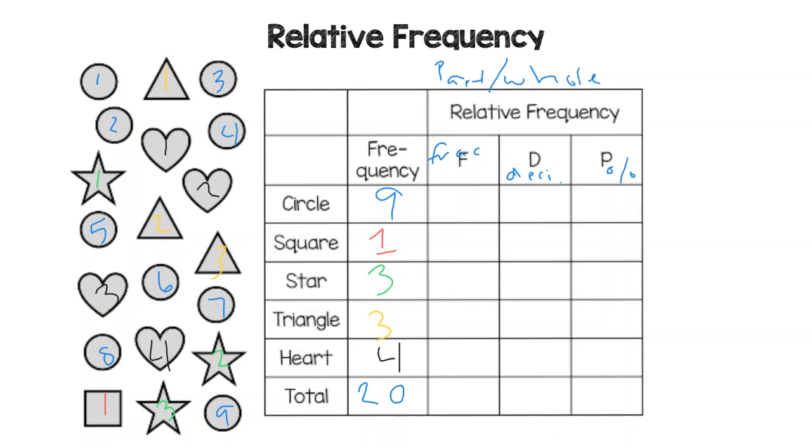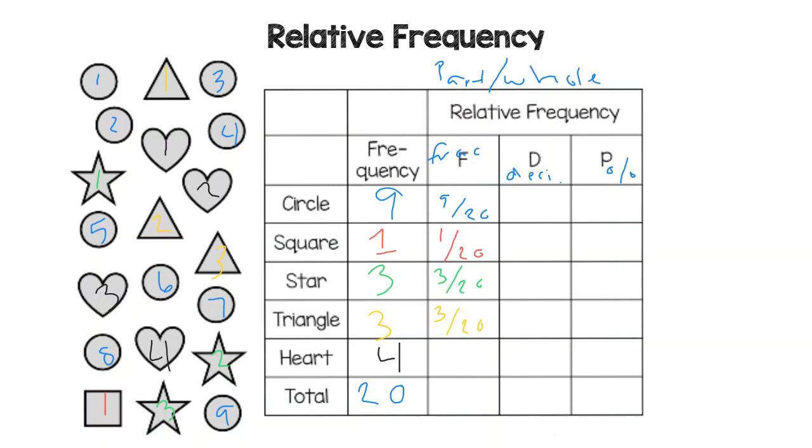So when I write my fraction, I am going to take the frequency that we found and put it over the total frequency. For my circle, we're going to have 9 over 20. For our square, 1 over 20. For our star, 3 over 20. For our triangle, we're also going to have 3 over 20.